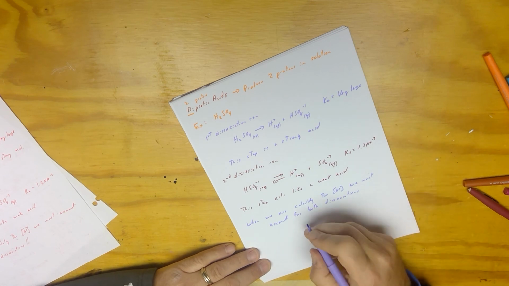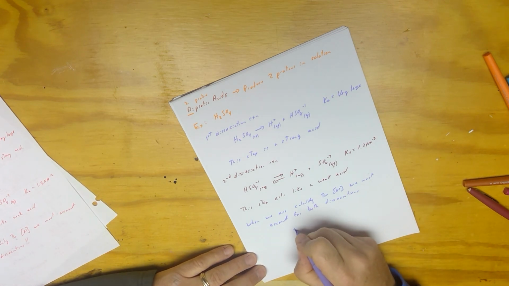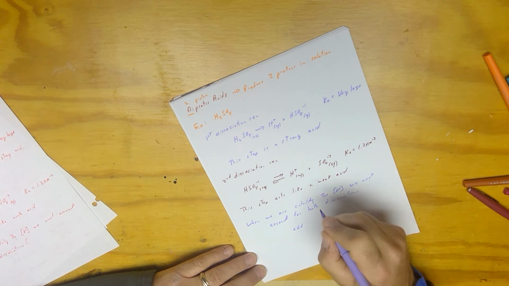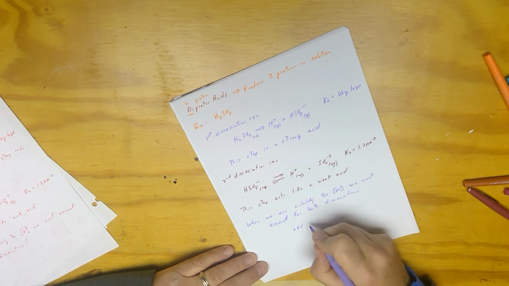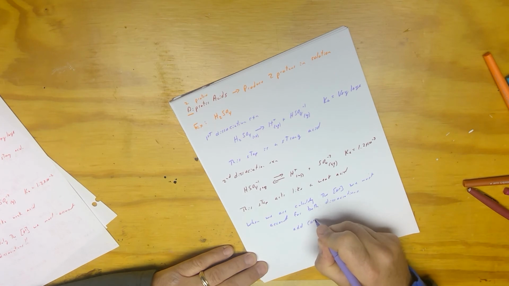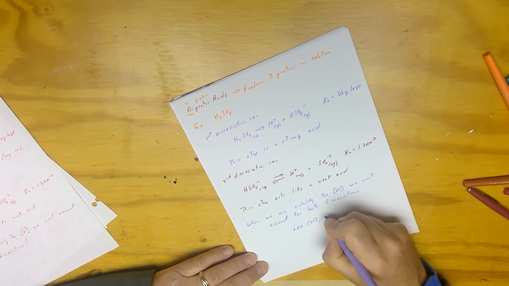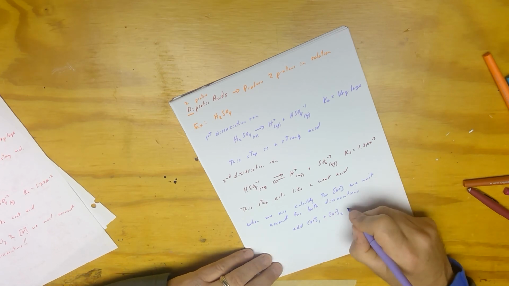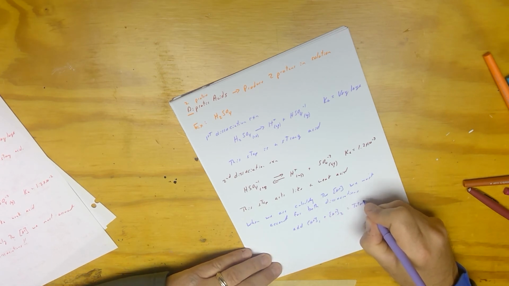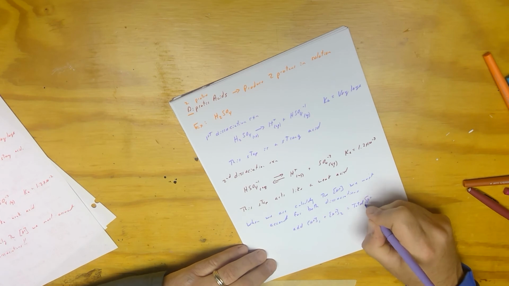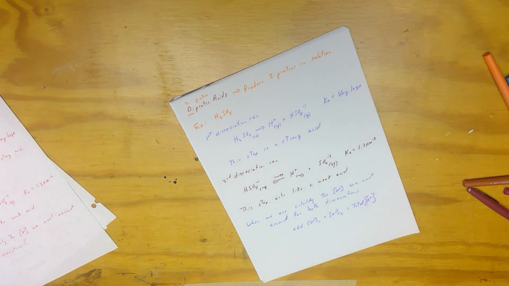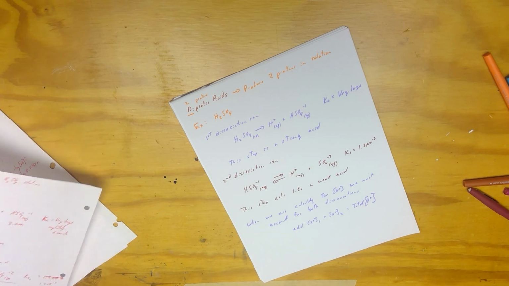So what we'll do is we're going to add the concentration of H plus from our first and the concentration of H plus from the second to get our total H plus concentration in this diprotic acid.